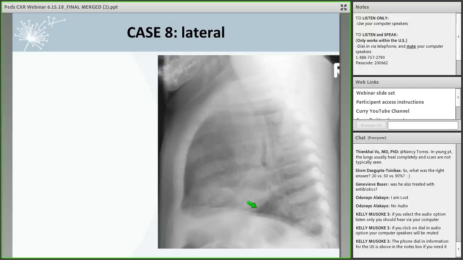So this is an important teaching point for people who don't take care of a lot of tuberculosis, and I assume a lot of people on the call do take care of a lot of patients with tuberculosis.